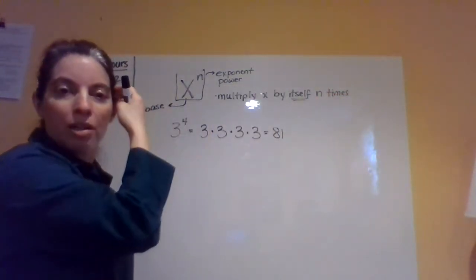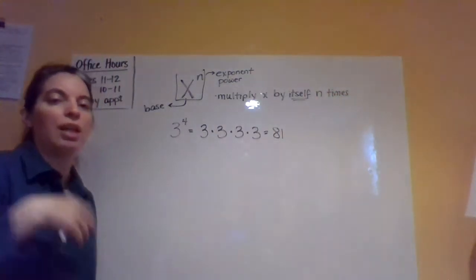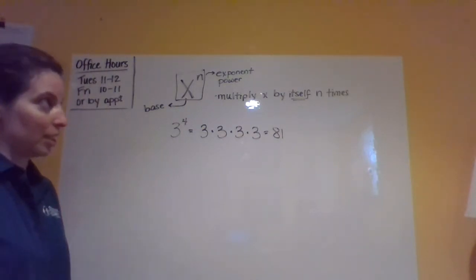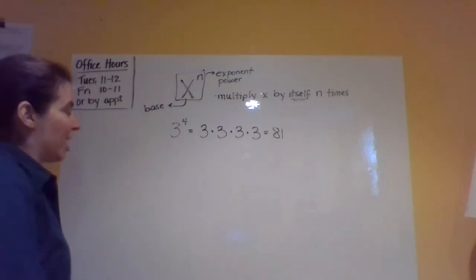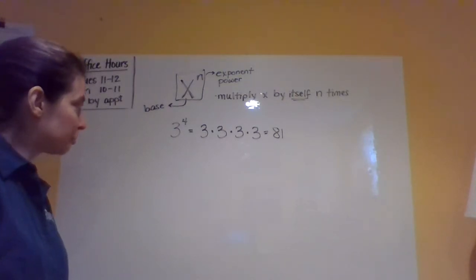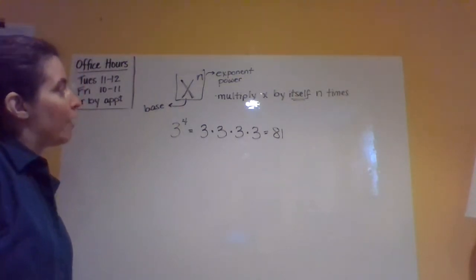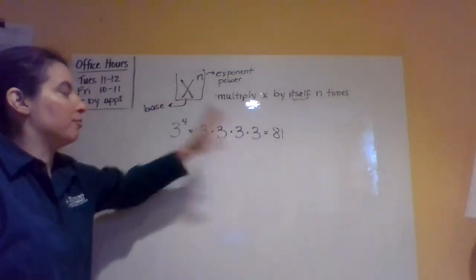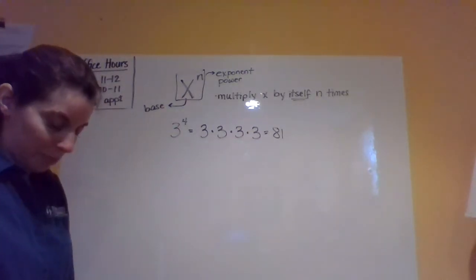If I had another factor of 3 there, it'd be 243. They just get big very fast, so that's kind of the basis of that. So we're seeing this with exponents right now in everyday life. All right, so whatever this is, that's how many times this number or that variable gets multiplied by itself.